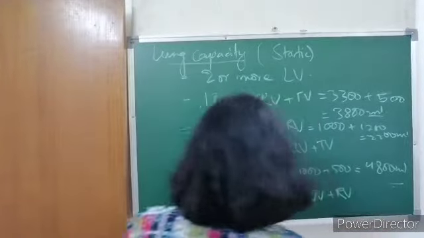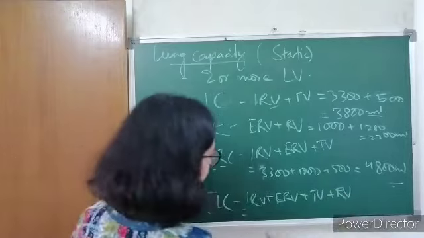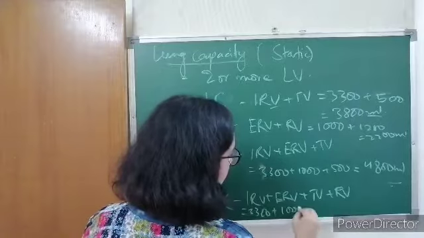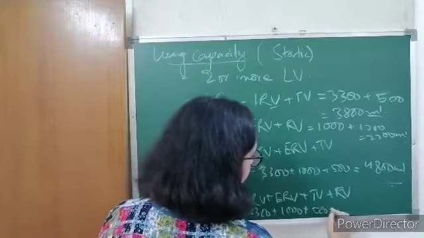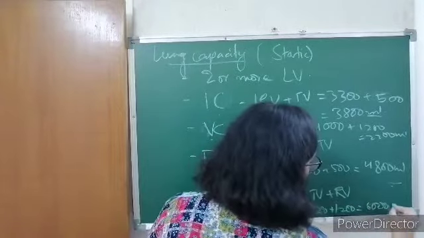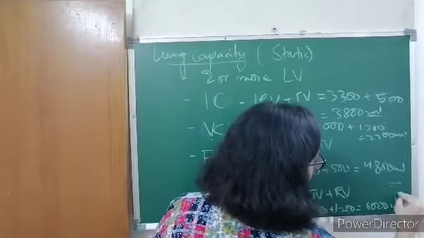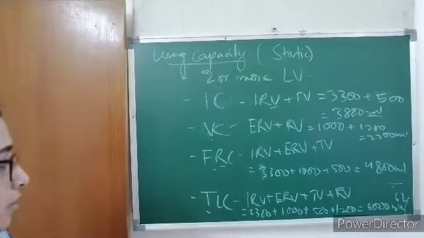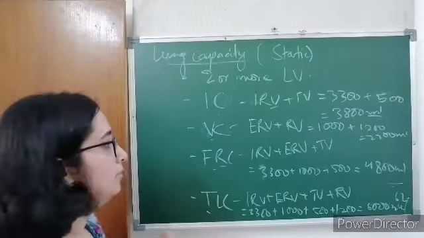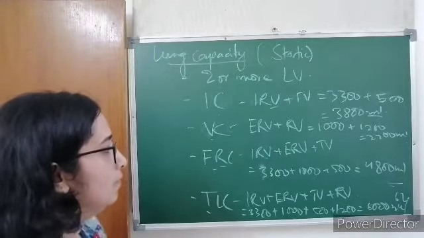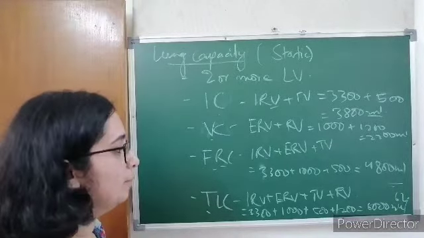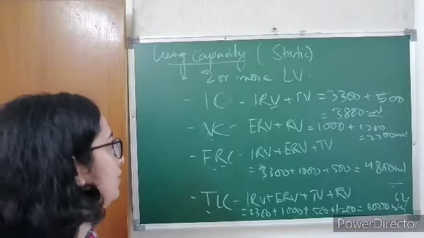Yeah, 4800. Now TLC, all the four: 3300 plus 1000 plus 500 plus 1200, it is equal to 6000 ml or 6 liter. So that is the total lung capacity, 6 liter. So inspiratory capacity is 3800 ml, vital capacity is 2200 ml, FRC, functional residual capacity, is 4800 ml, and TLC, or total lung capacity, is 6000 ml or 6 liters.